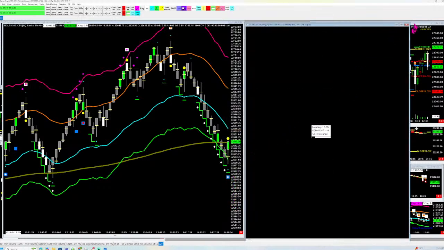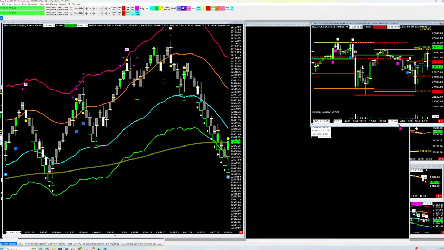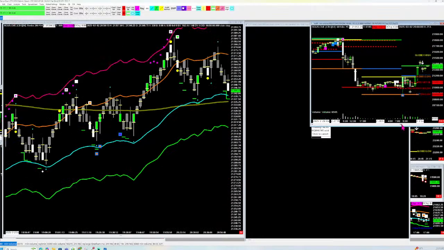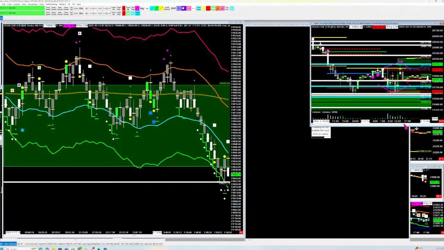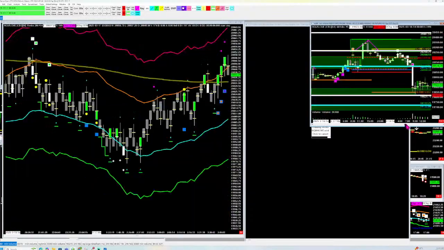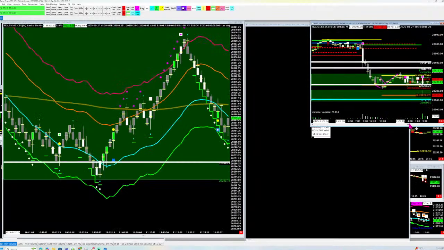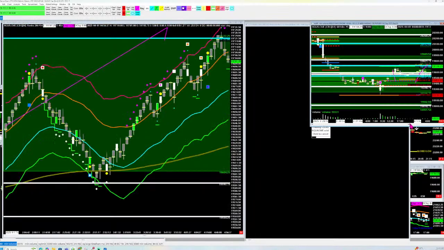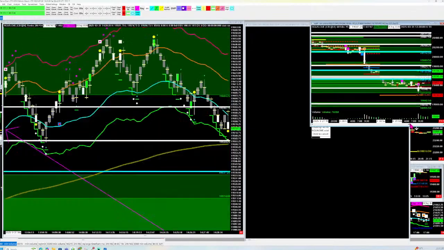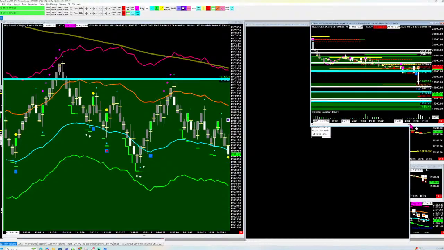And as we do that, we'll bring this back. So here's that first big rollover that we had, and as you can see, it was quite tricky.